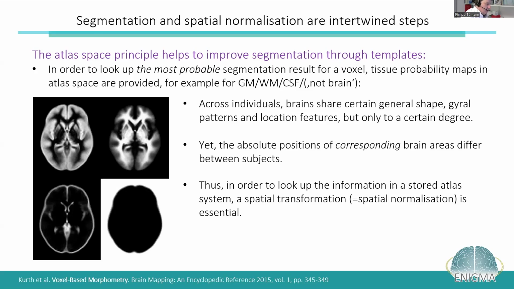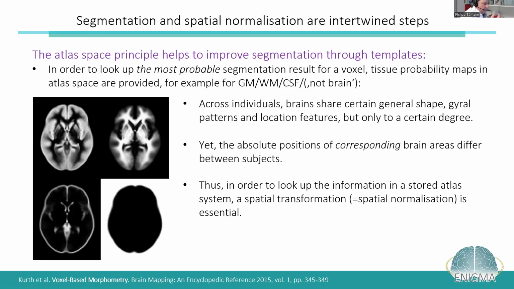So we know that brains share certain macroscopic general shape features, gyral patterns, and also general location features, but only to a certain degree. So there's individual variation.